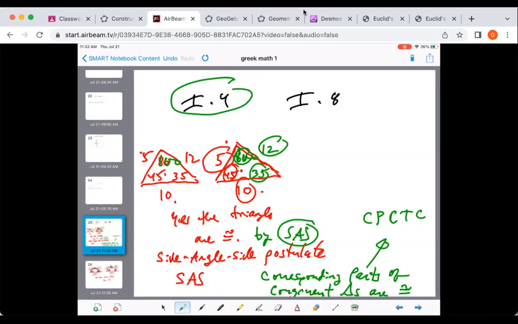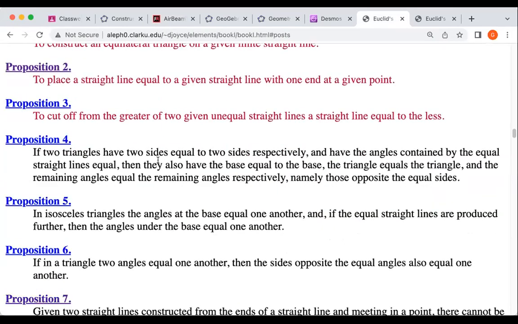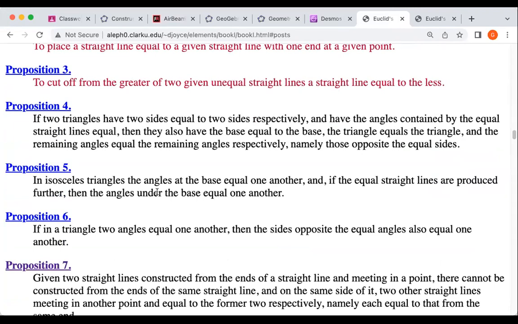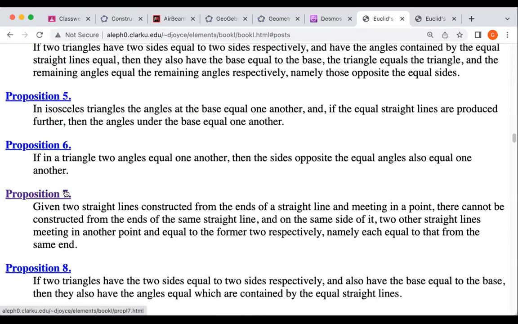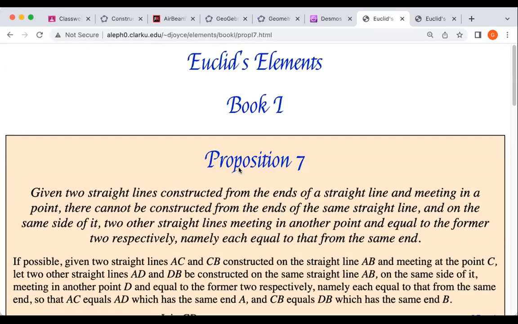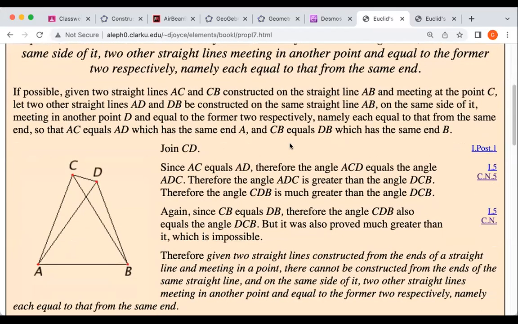Now it's listed as a proposition in Euclid's Elements. It's proposition 7, but it's not. It's a postulate. He doesn't prove it. What does he say? He does some kind of indirect proof.